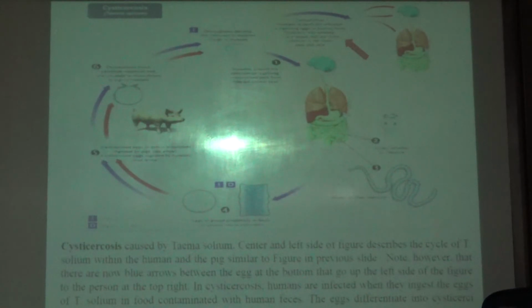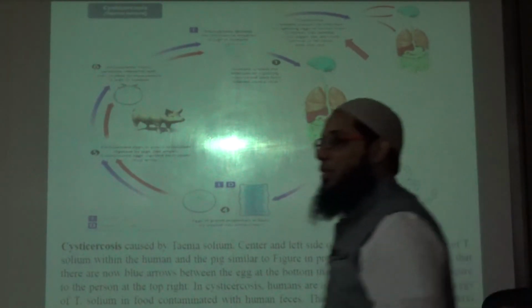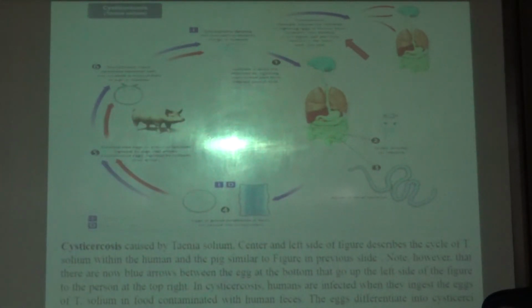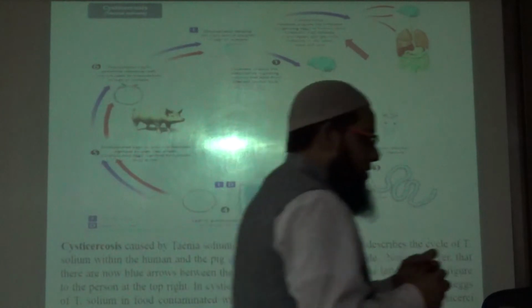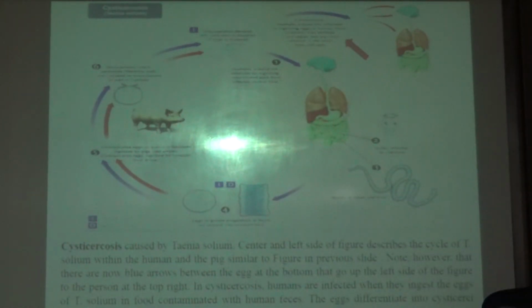So this is a more dangerous condition, and this is known as cysticercosis. Cysticercosis can infect the brain, eyes and other body parts also. When it infects the brain, it is given the name neurocysticercosis. So the cysticercosis condition happens due to ingestion of eggs.